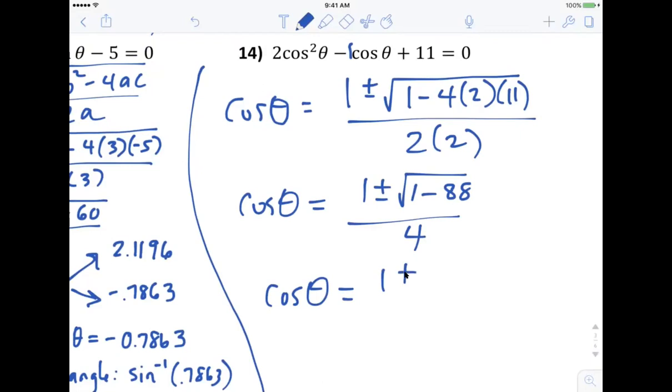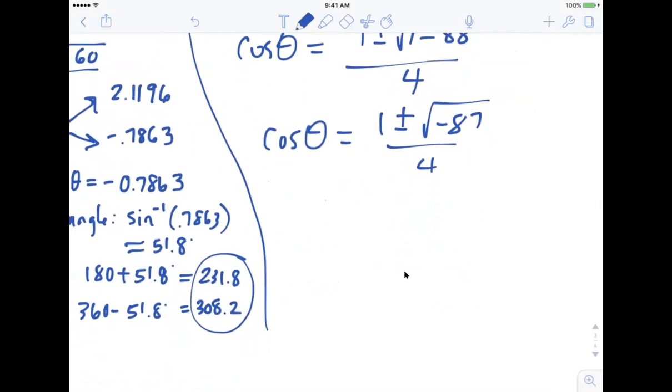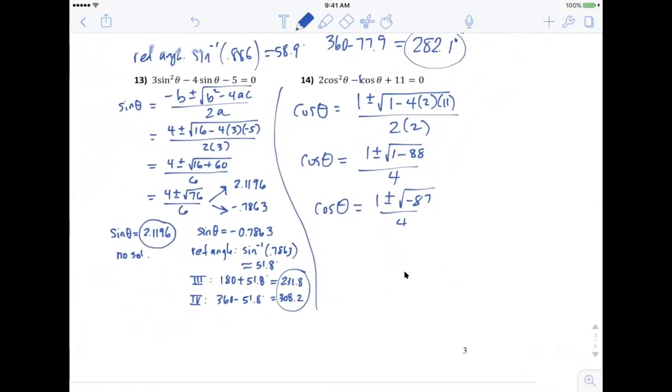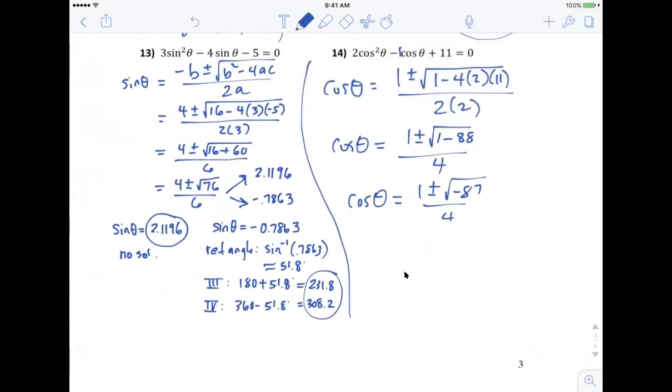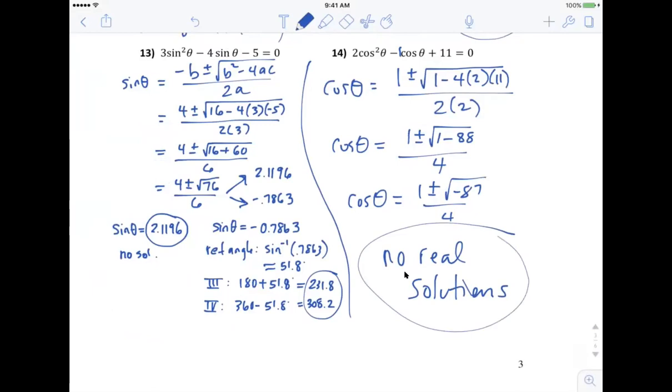And then we have 1 minus 88 is a negative 87. Whoa. So here's a case where you get a negative underneath the radical. And we know that that's not a real number. So this one doesn't have any real solutions. I can stop right here. Right? If you get a negative under the radical, you're done. This one, there's no real solutions. We're not concerned with imaginary solutions right now. So no real solutions and I'm good.